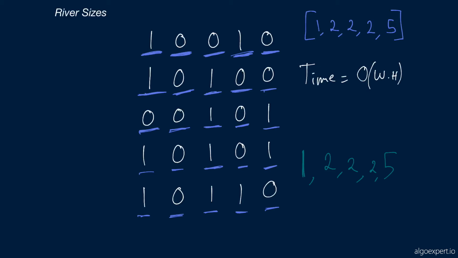The time could also be expressed as O of n, where n is the total number of elements in the matrix. Because at the end of the day, what are we doing in this algorithm, right? We're visiting every single node, and that's it.